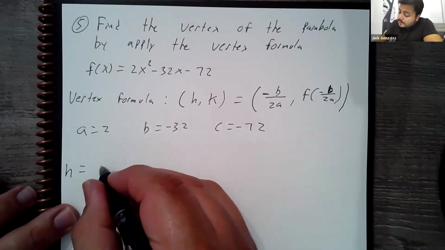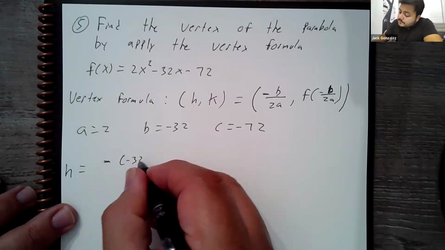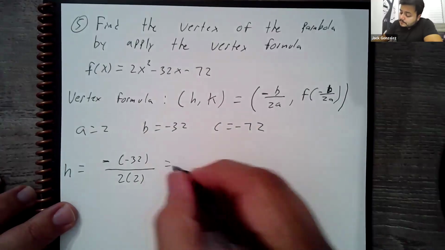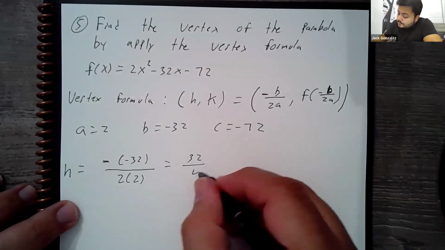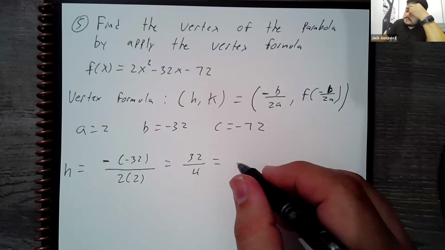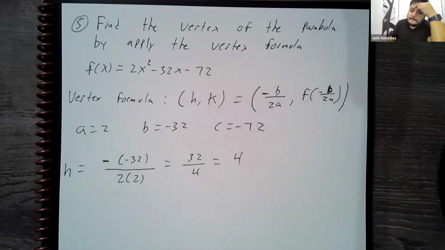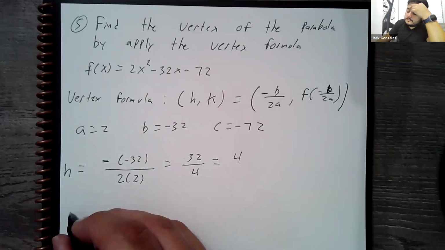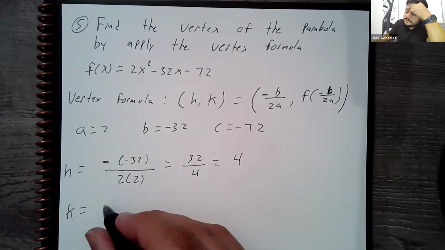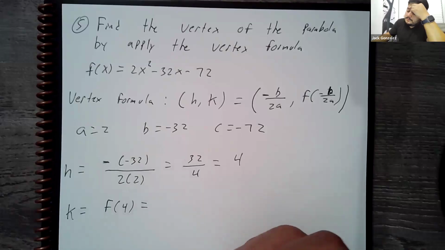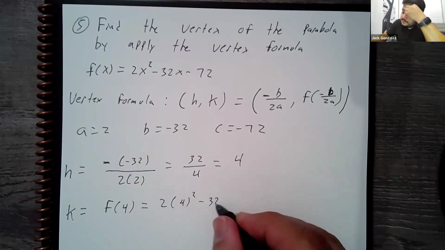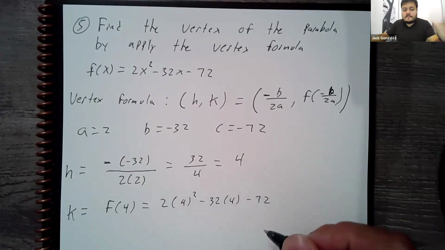H will be negative 32 over 2 times 2. That becomes positive. That becomes 4. Now, k will be simply the function at 4, which will be 2 times 4 squared minus 32 times 4 minus 72.